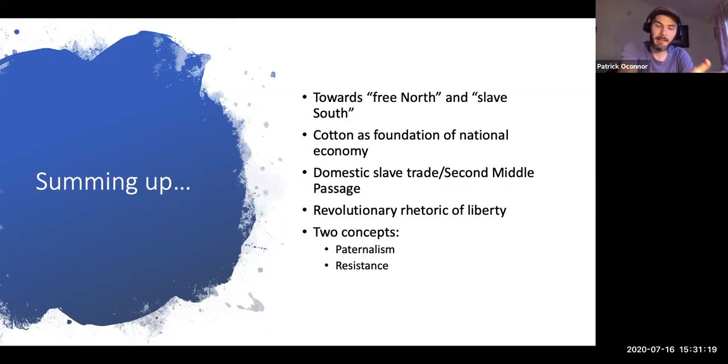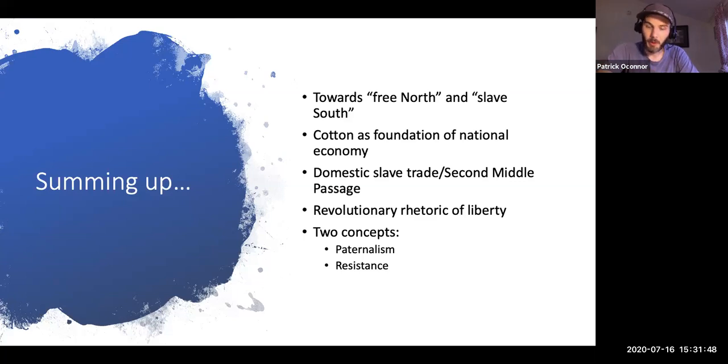Paternalism defined the involuntary labor of the slaves as a legitimate return for their master's protection and direction." So in the paternalist mindset, enslavement isn't a punishment, right? It is a gift. It's a gift that the master extends to his enslaved property in return for their work, their labor.